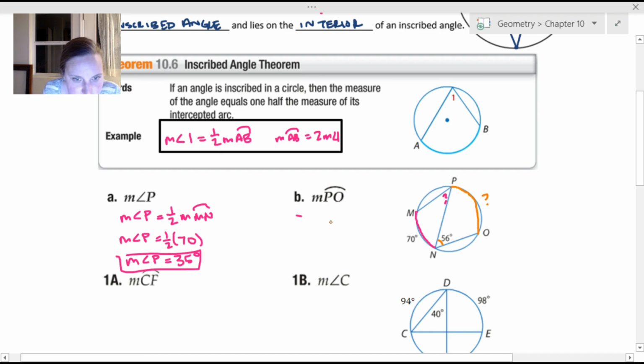We know that the measure of arc PO is going to be double the measure of angle N, which in this case is 56. So I just have to double 56. The measure of arc PO is 2 times 56, which is 112.